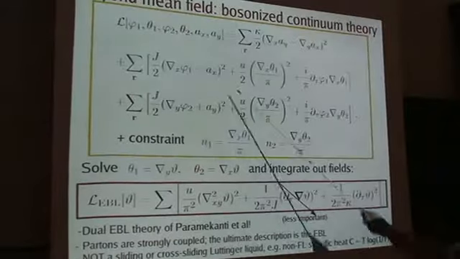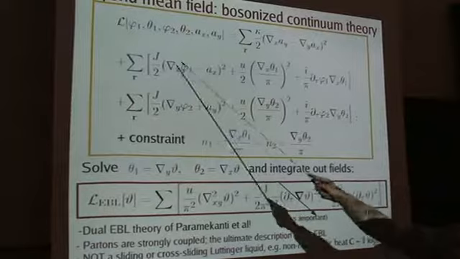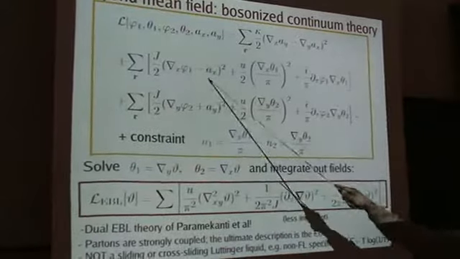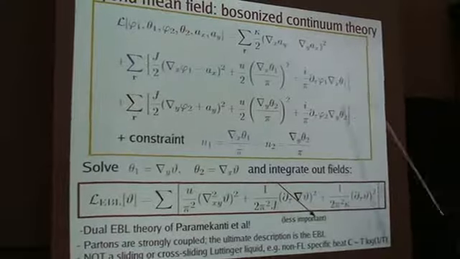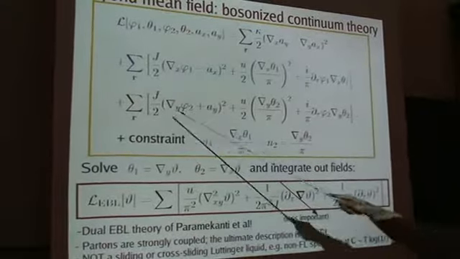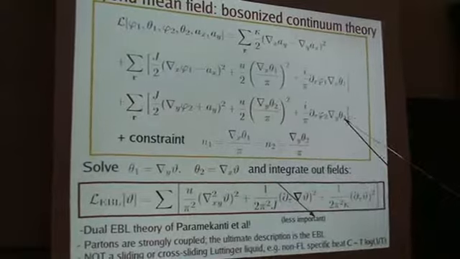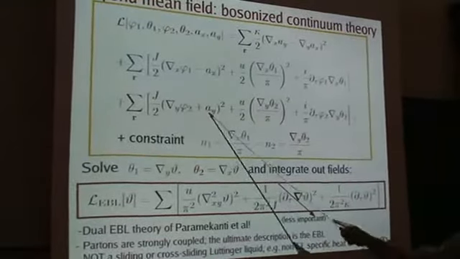So adding the gauge field is just replacing this grad x phi by grad x phi minus ax. So this is partons moving in the x direction coupled to the gauge field. Similarly, this red line is partons moving in the y direction coupled to a y gauge field with opposite gauge charge.